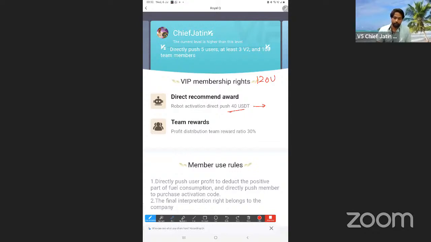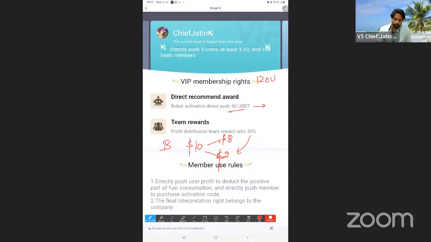Now again, as soon as Royal Q starts trading for Mr. Benjamin, let's assume on one trade, Royal Q will be trading a lot of times in a day. But on one trade, if Royal Q generates $10 profit, it will give away $8 to Mr. Benjamin and it will deduct $2. Out of these $2, I will be getting 30%.